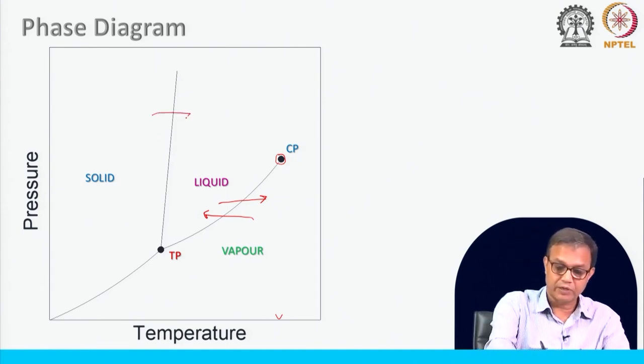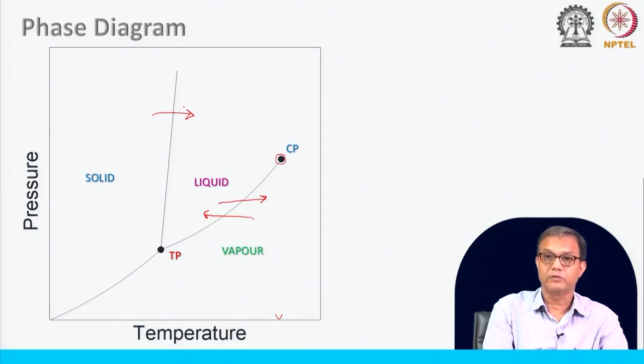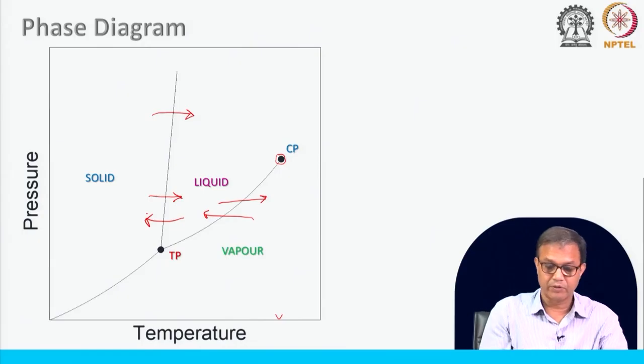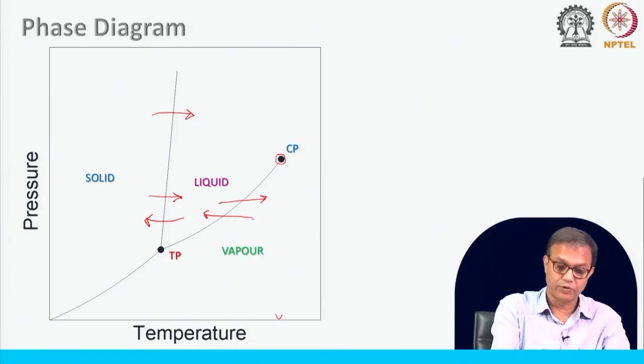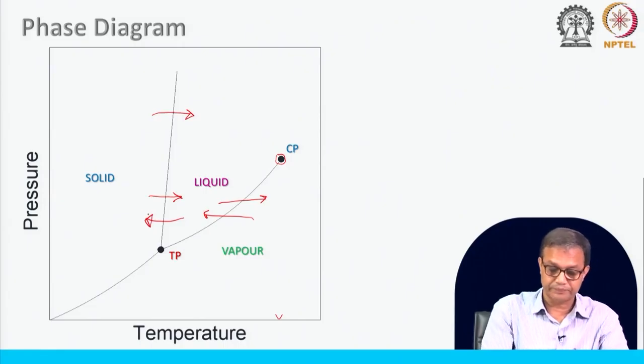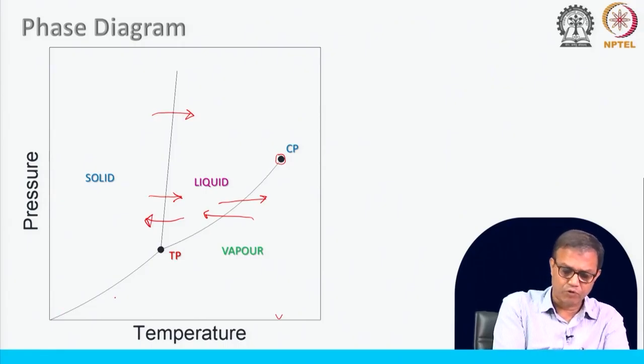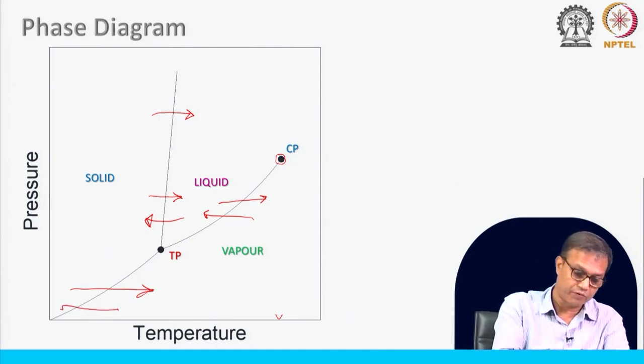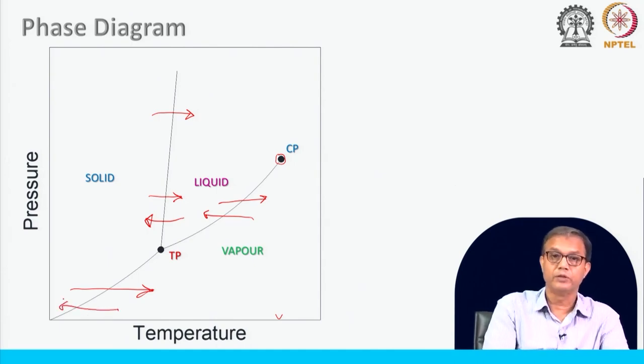Similarly, when we move from the solid, it will melt to the liquid, and from the liquid it solidifies, moving to the solid region. When it moves from the solid directly to the vapor, we call it sublimation, and when we move from vapor to the solid part, we call it deposition.